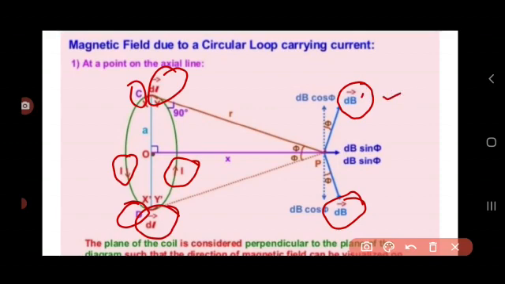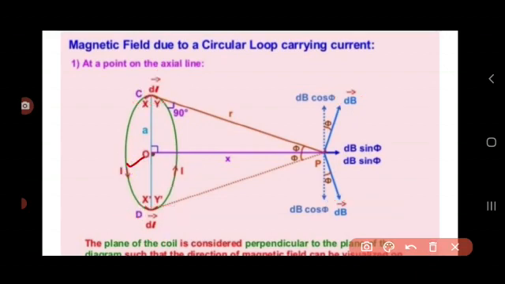So first we want to calculate dB. dB is equal to mu naught by 4 pi, I dl sin theta, here theta is 90 degrees, by distance squared, r squared.